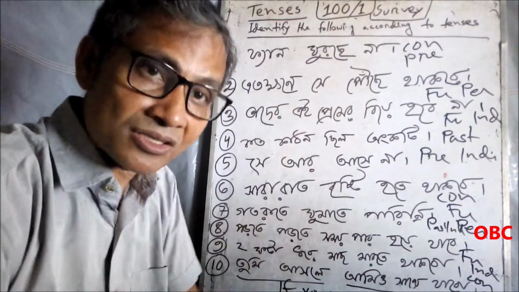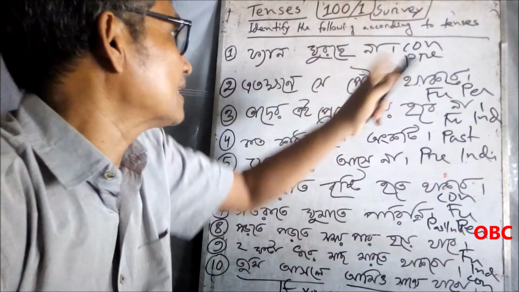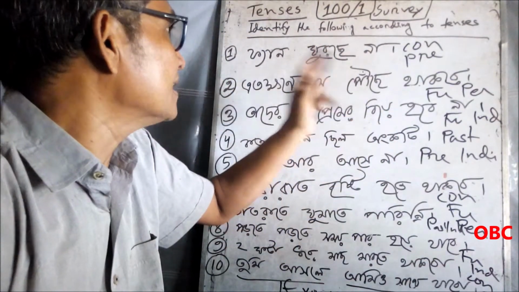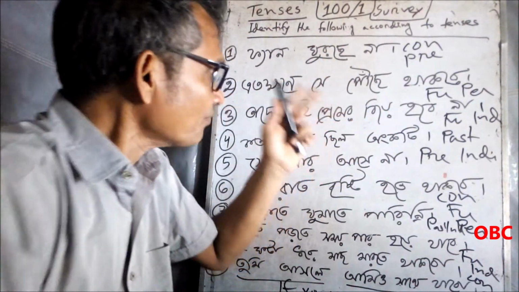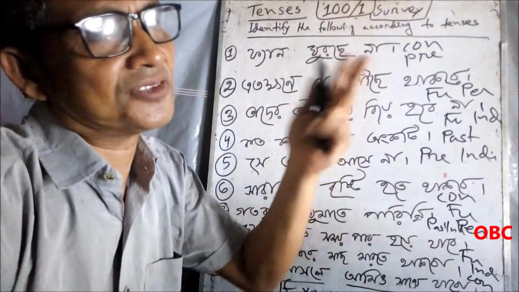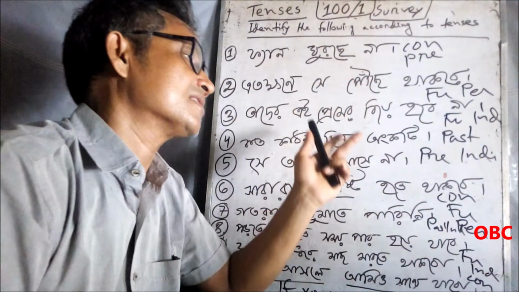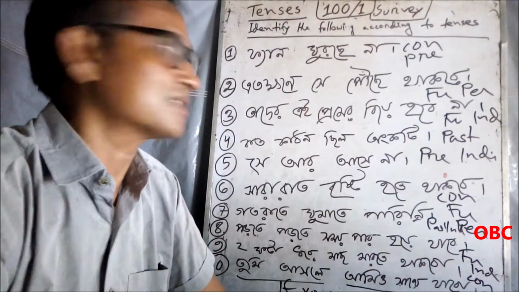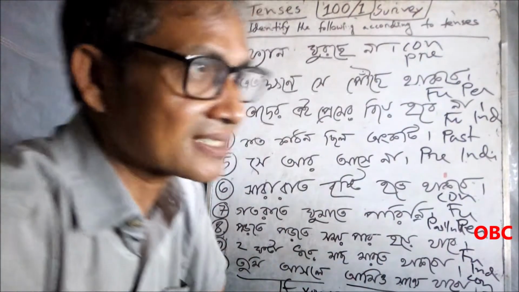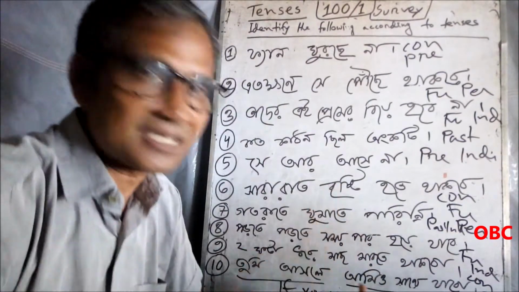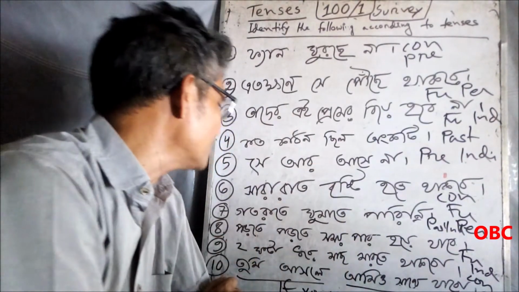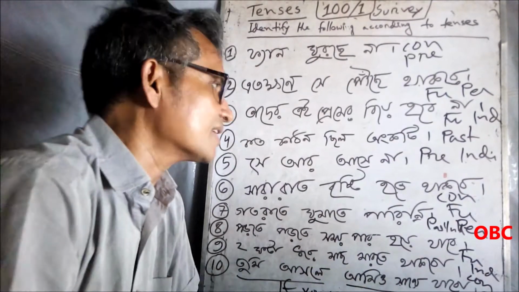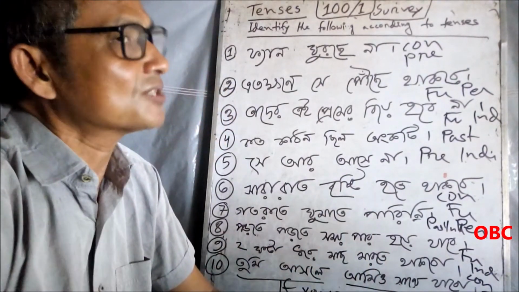When it's not a continuous tense, you find out whether it is in present, past, or future tense, and then whether it's future indefinite or future perfect tense. If it is continuous tense, then it can be future continuous tense or future perfect continuous tense. Future continuous and future perfect continuous are very similar, differing only because of the time mentioned, like "shararat dhore". Then you decide whether it's future continuous or future perfect continuous.